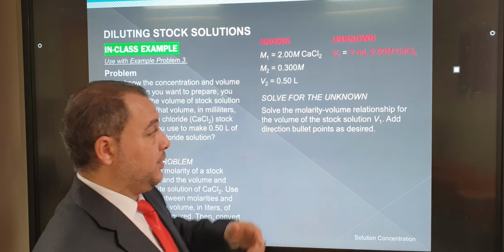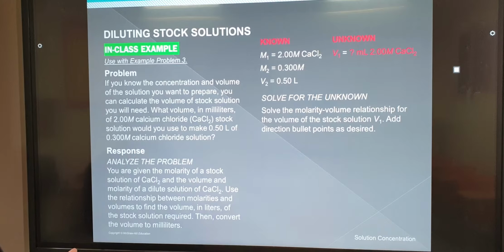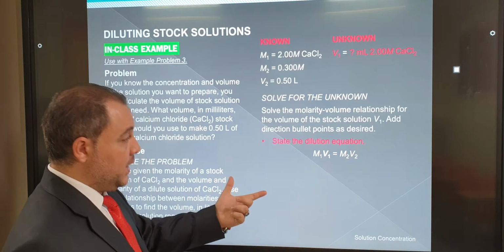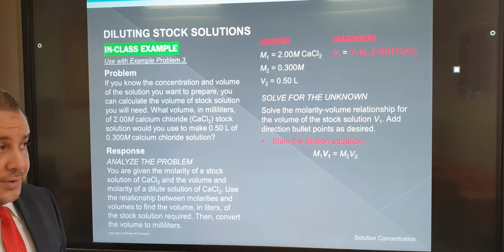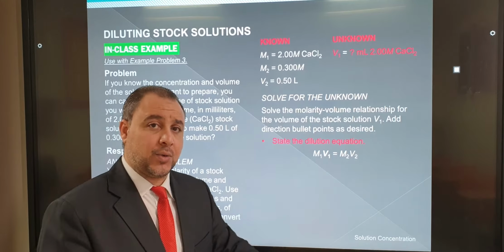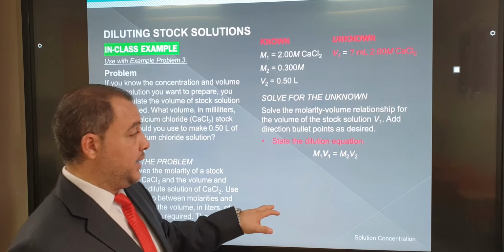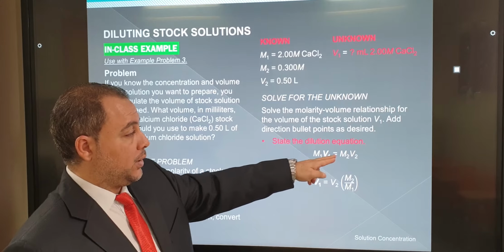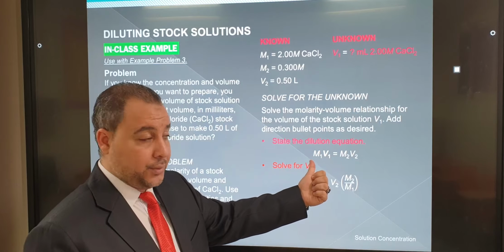Solve the molarity volume relationship for the volume of the stock solution V1. State the rule first: M1 V1 equals M2 V2. It's a rule. After that, V1 equals M2 V2 over M1.